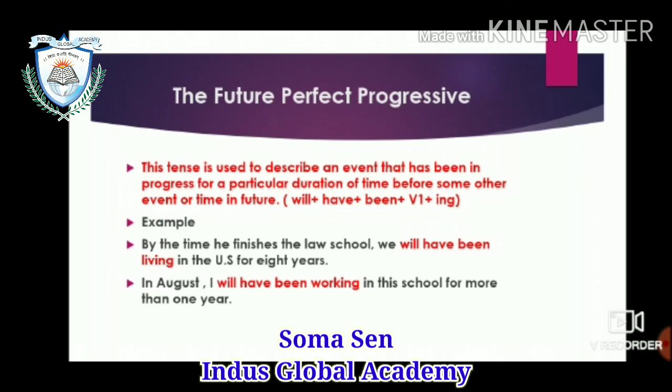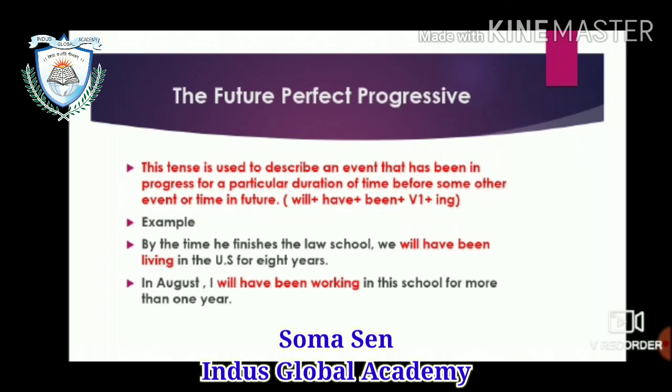So, by the time he finishes the law school, that is the second action, we will have been living in the US for 8 years. Means my action is continuing for a particular period of time till he finishes the law school. So, my action is what? I will have been living in the US for 8 years before or by the time he finishes the law school. Next example, in August, I will have been working in the school for more than 1 year.